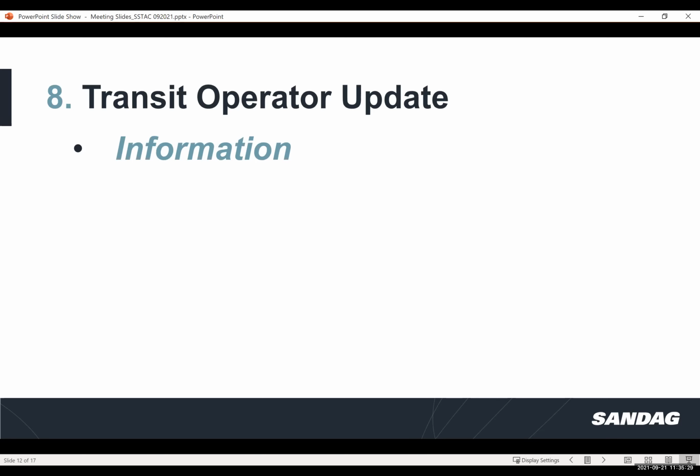Just some quick updates. Pronto rollout and free fare month continue on MTS and NCTD. Reminder, get your Pronto cards set by October 1 when fares will start being charged.